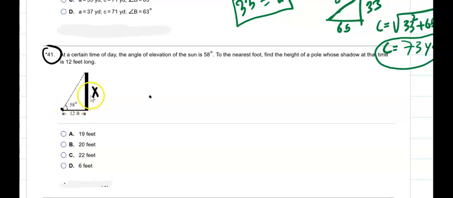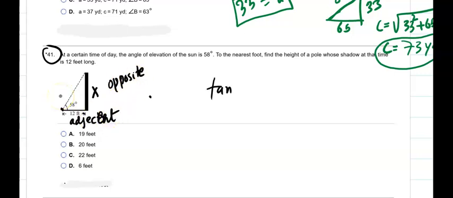The side opposite the reference angle is called opposite, so x is the opposite here, and the 12 feet shadow is going to be called adjacent. Opposite over adjacent is the tangent.